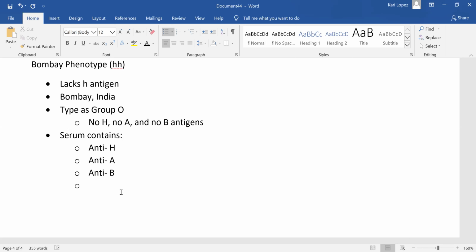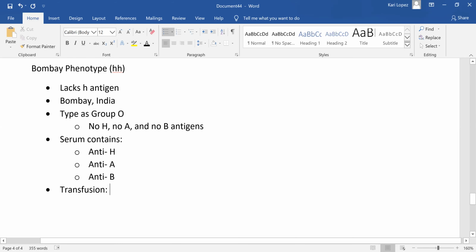Okay. And then the relation to Bombay and transfusion. Can you give group O blood to a Bombay person? No. It has to be just people with Bombay.